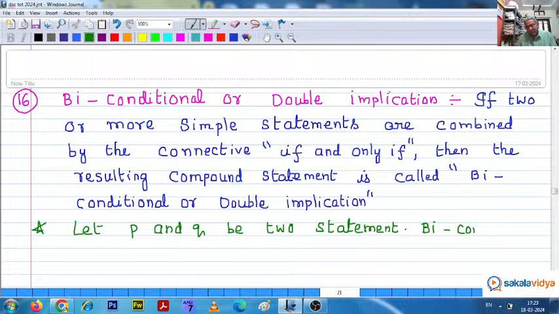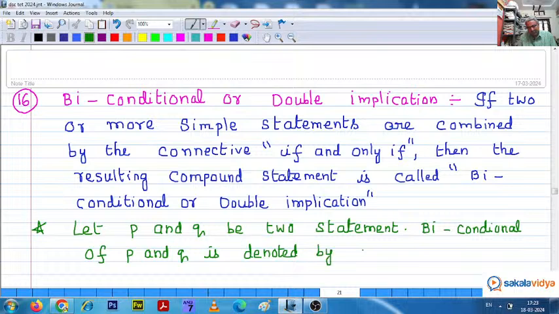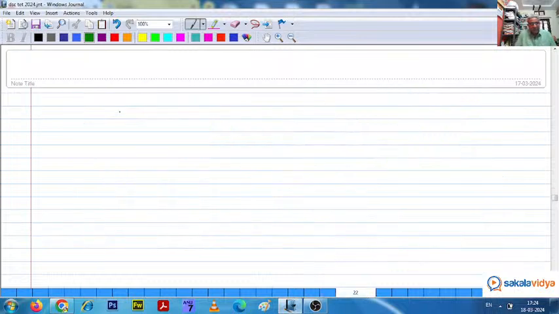The biconditional of P and Q is denoted by P if and only if Q. How do we define P if and only if Q? In order to find the truth table, P if and only if Q can be written like this: P implies Q and Q implies P.